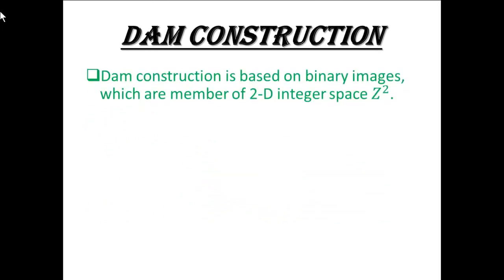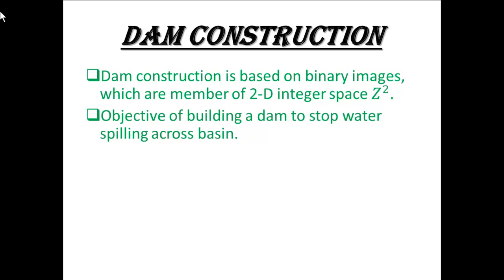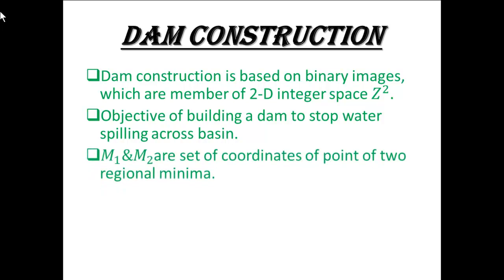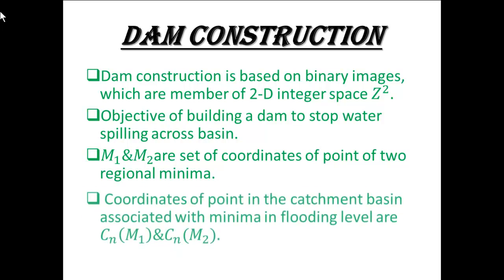Now the dam construction. Dam construction is based on binary images, which are members of the 2D integer space Z squared. The objective of building a dam is to stop water spilling across the basin. M1 and M2 are sets of coordinates of points of two regional minima.